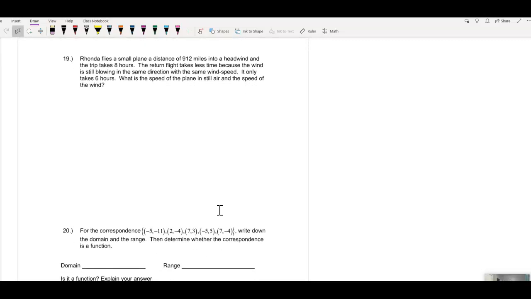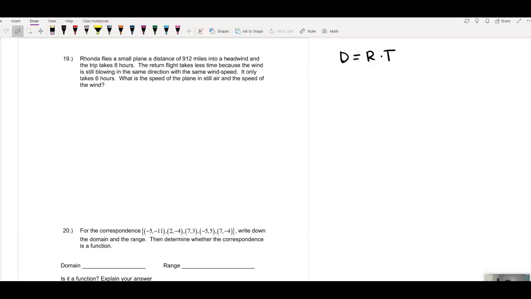Okay, so if we're dealing with these plane problems or boat problems, you've got to remember that you're using this equation, distance equals rate times time, because they're giving you information about distance, information about the rate, and information about time. Okay, so we've got to think about those.